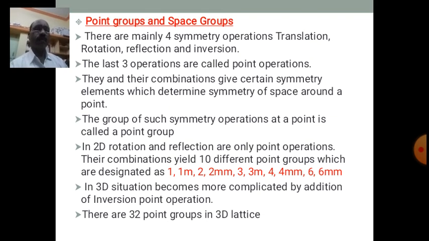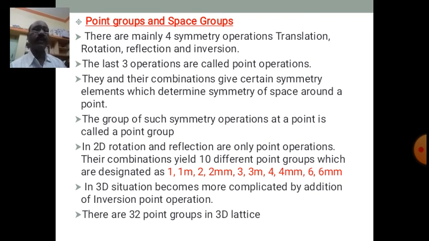These operations and their combinations determine the symmetry of space around a point. That is why they are called point groups. Like 10 point groups in two dimensions, there are 32 point groups in three dimensions.